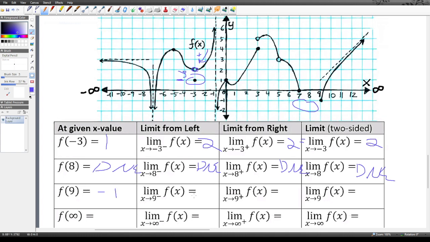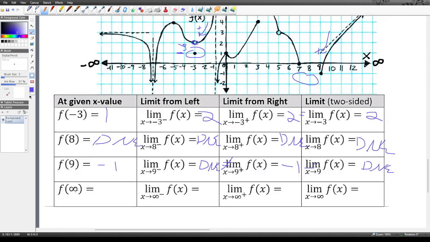So it will be -1, and since there's no function, or graph, that limit does not exist. And this one, we can find the limit from the positive side, or the right side. As x approaches 9, the limit will be equal to -1. But since these are not equal, the limit for both sides does not exist.